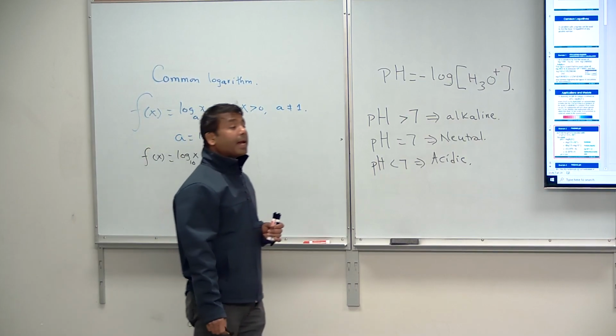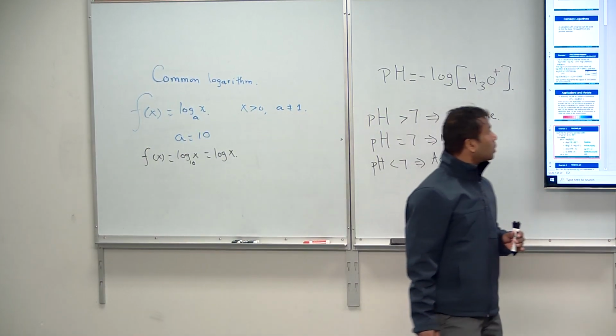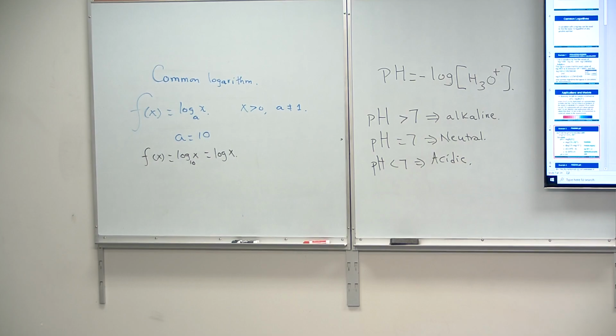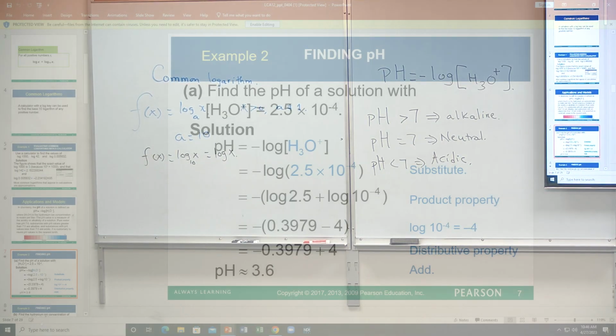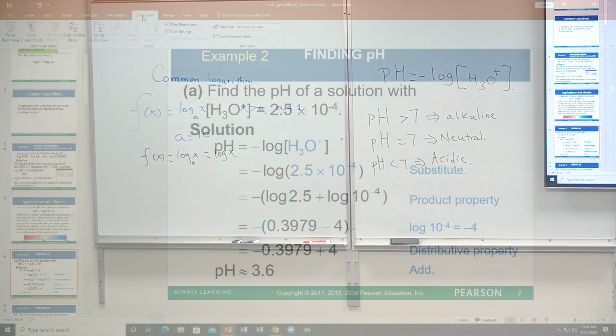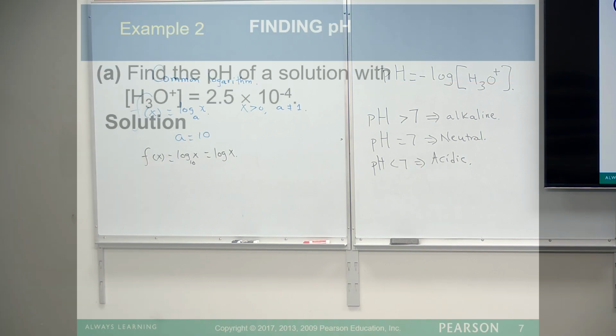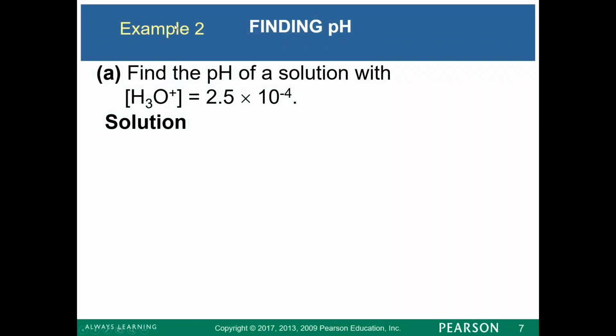So you need to find out the pH of a solution with H3O+ concentration. So we need to find this. So how would you find this? So you need to find the pH of a solution with H3O+ equal to 2.5 times 10 to the power negative 4.